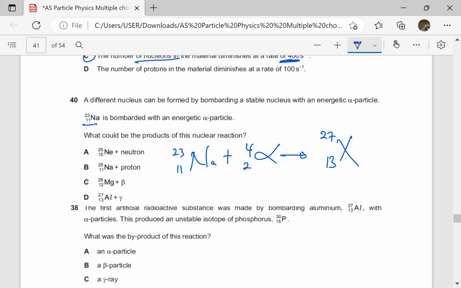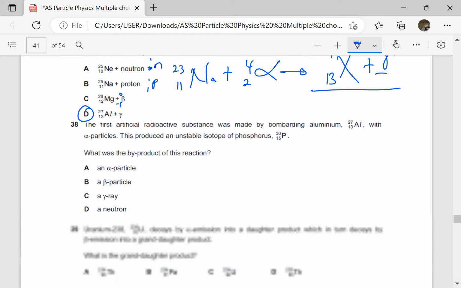So I think here the answer is straight away D. So 27, 13 plus gamma, because gamma does not change the proton number. But when you check this, a beta is 0, -1, so there is no balance. A proton is P, 1, 1, there is no balance in the proton number. A neutron is N, 1, 0, there is no balance on the left-hand side, so the answer is going to be D.